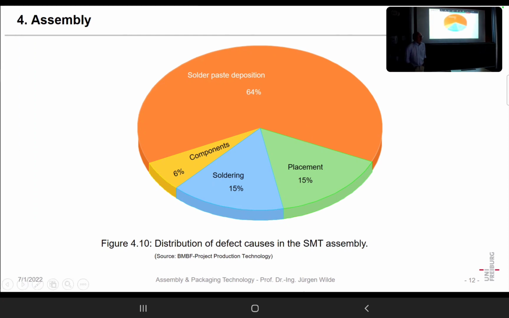Some years ago, we had in Germany a very big project where all of the big companies involved in electronic manufacturing were participating. And one of the things we investigated was the effect of creating defects in soldering or at the end of that surface mount technology process.